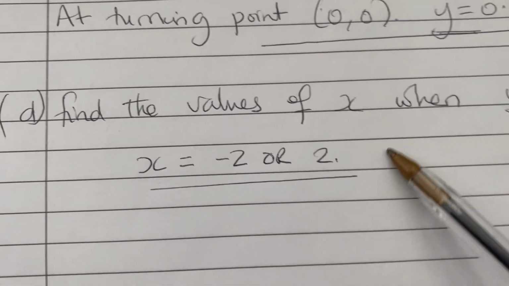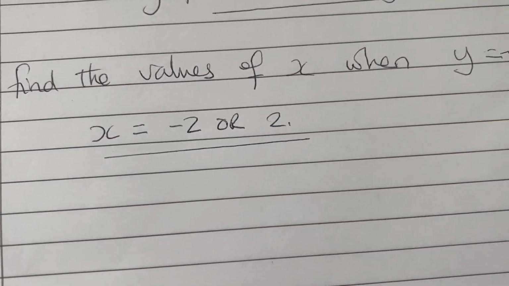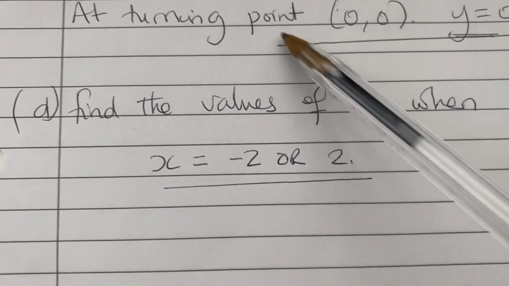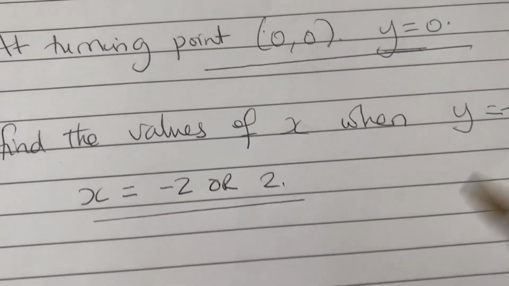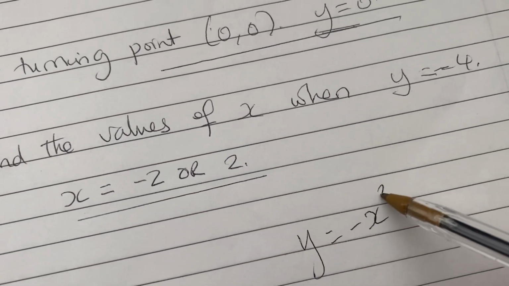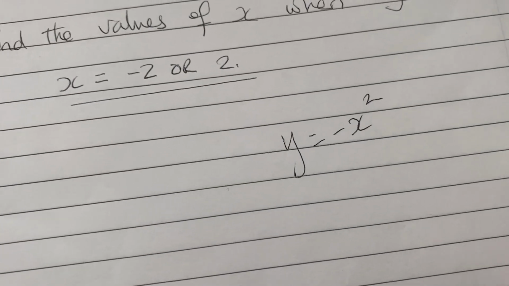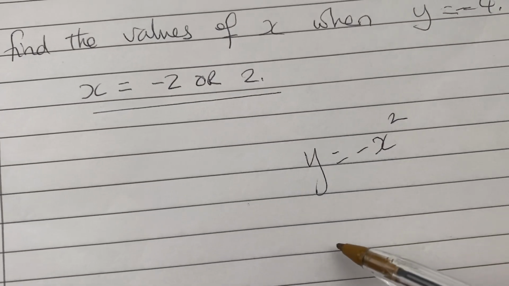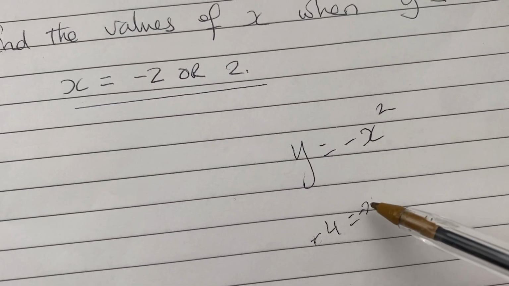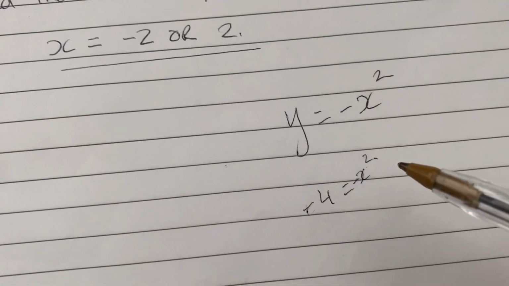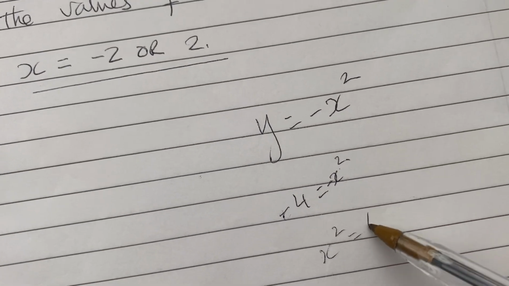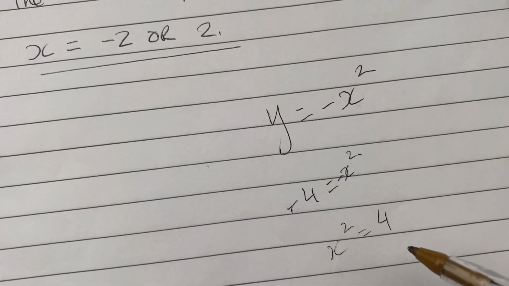Now find the values of x when y is negative 4. So here, if you look at y equals minus x squared, okay, when y is negative 4, you have minus x squared equals minus 4. Okay, so x squared will be 4 if you cancel the minus out.